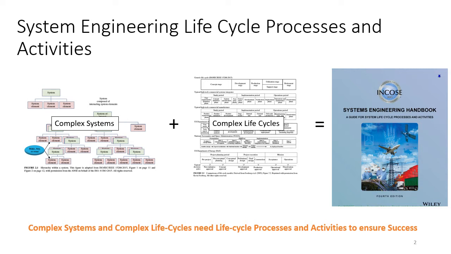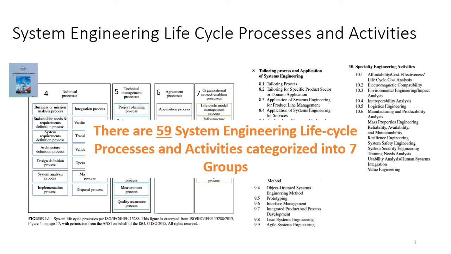And to manage that complexity, the INCOSE System Engineering Handbook has a set of practices, processes, and activities to help us through. It is so complex that there are 59 system engineering lifecycle processes and activities identified in the INCOSE System Engineering Handbook.